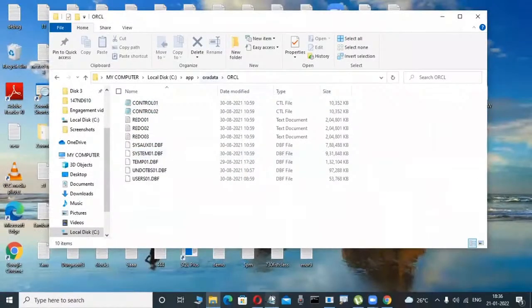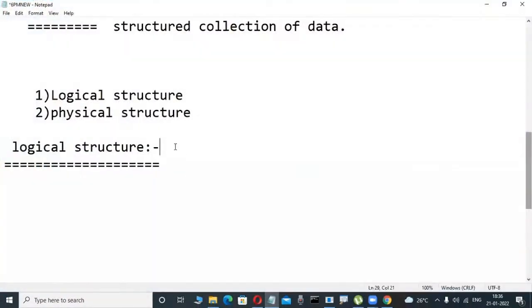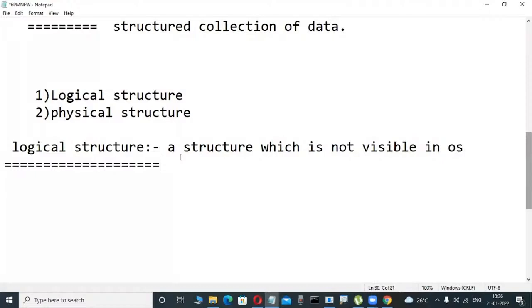Now what is a logical structure? Don't write it down: a structure which is not visible in the operating system is called the logical structure of the database.